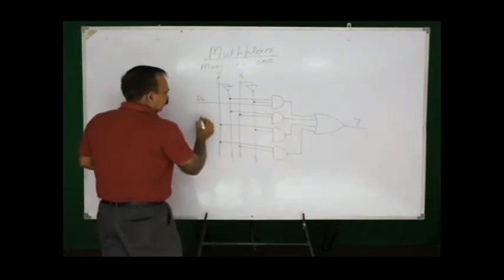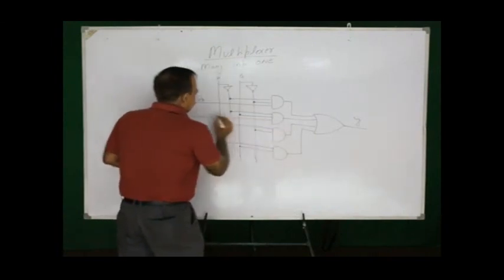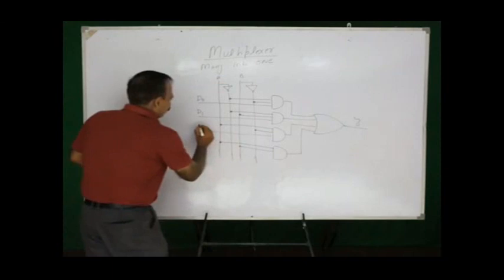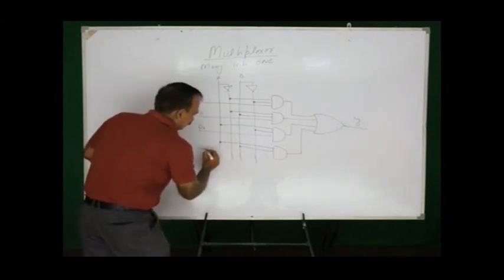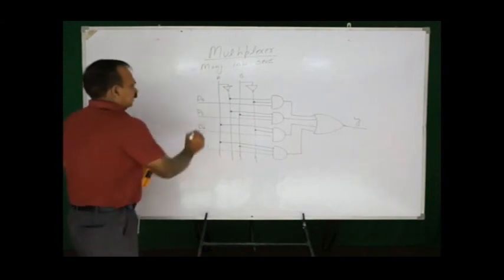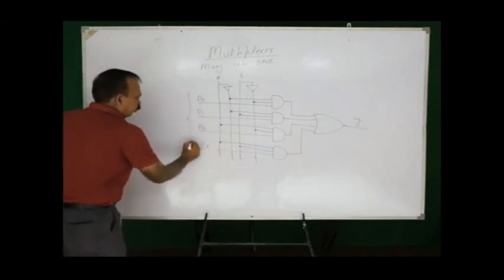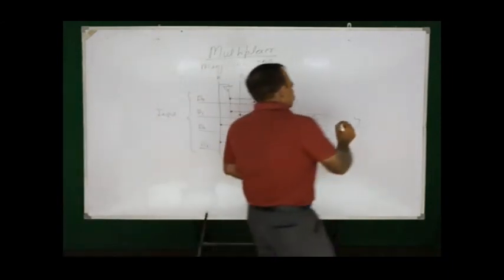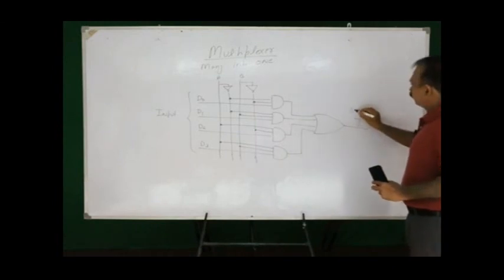Say it is D0, the next one is D1, the next one is D2, and the next one is D3. Now the circuit is a circuit with 4 inputs. These are the 4 inputs and 1 output. This one is the output.